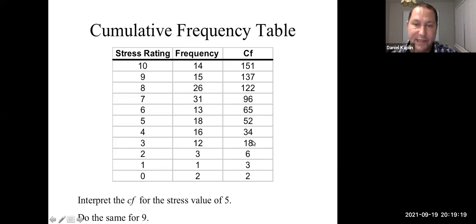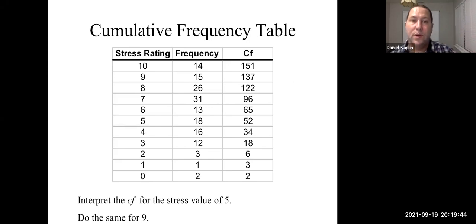That 18 plus 16 gives us 34. 34 plus 18 gives us 52. 52 plus 13 gives us 65, and so forth until we get to the 151 participants. As you may recall at the beginning, that was the number of participants in the stress study.